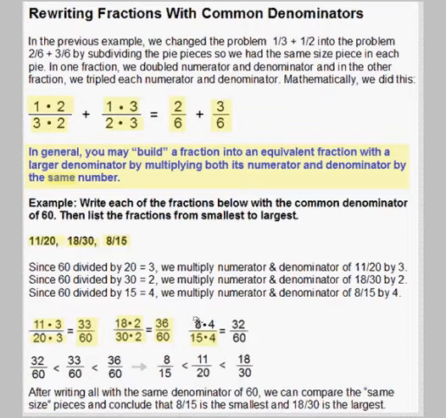That means we multiply 8 by 4, and 8/15 is then equal to 32/60. Well, comparing 60ths, 32/60 is less than 33/60, and that's less than 36/60. So then we can list the corresponding fractions. 8/15 will then be less than 11/20, which will then be less than 18/30.